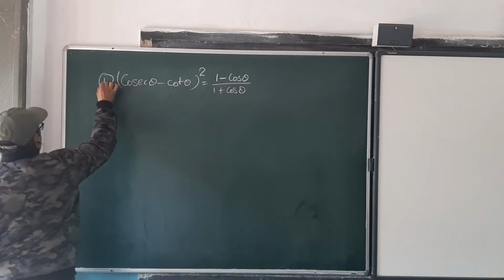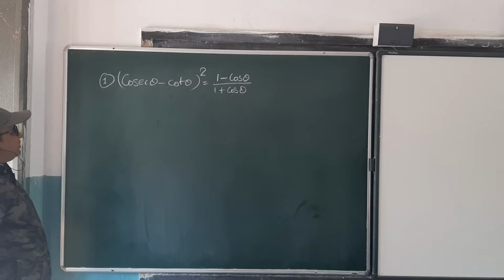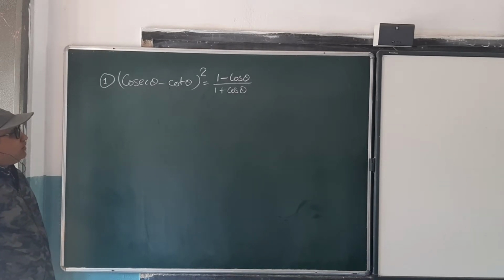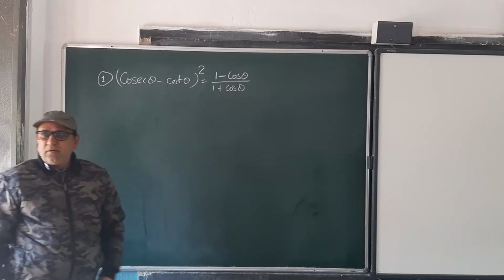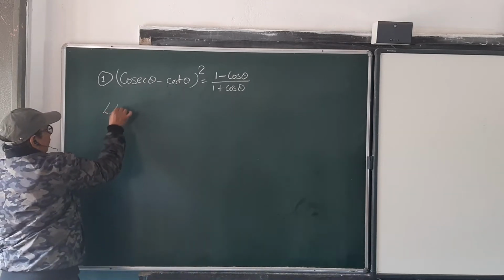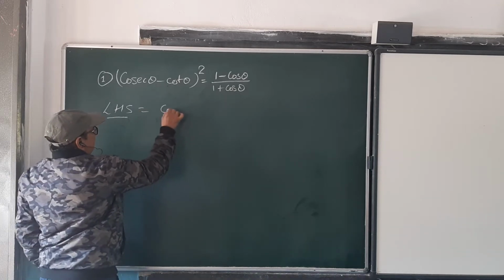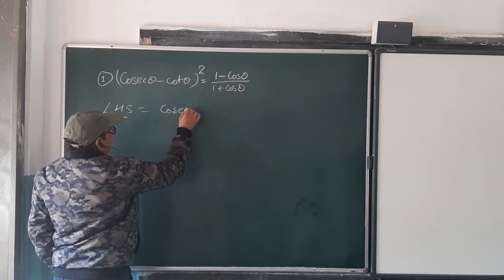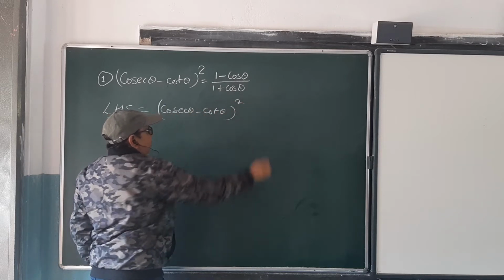First question is here. Prove that (cosec theta minus cot theta) whole square equals 1 minus cos theta upon 1 plus cos theta. Right? So first we will take the left hand side, LHS: (cosec theta minus cot theta) whole square.